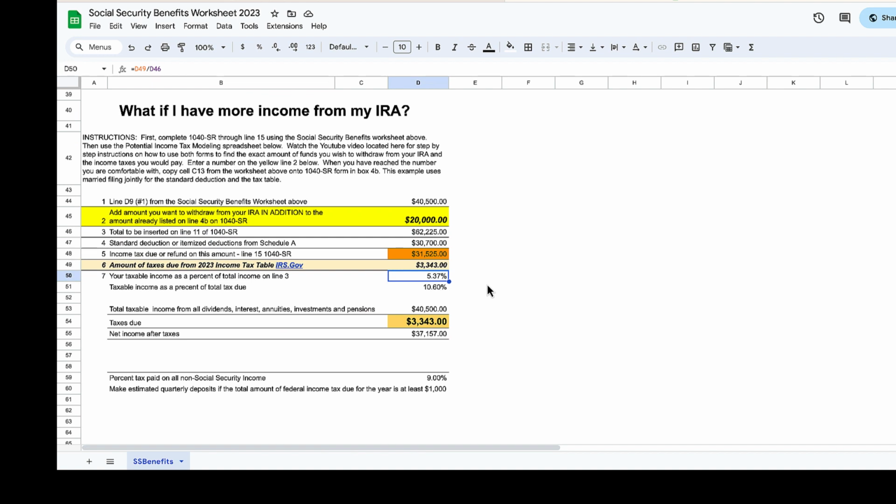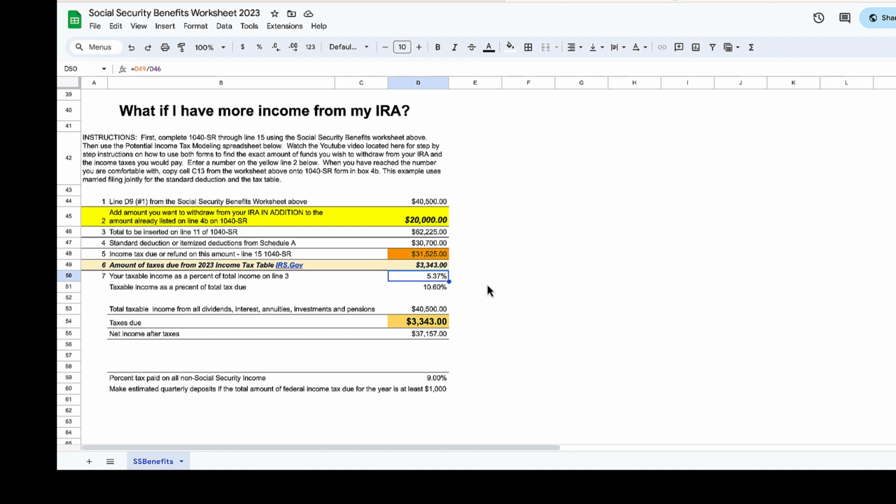Just keep in mind that the idea, in summarizing here, is you want to drain that IRA account or that 401k account that is taxable at the lowest possible tax rate. And that may take you a number of years to do. It depends on how much you have in there. If you have $400,000, $500,000, $600,000, $700,000, you're going to have to pick the tax rate that you're comfortable with.